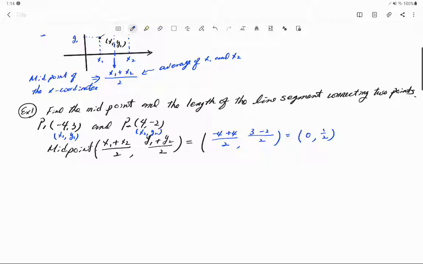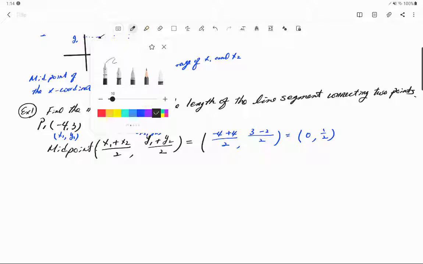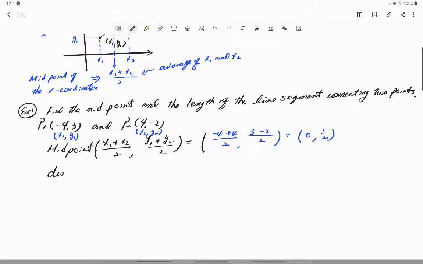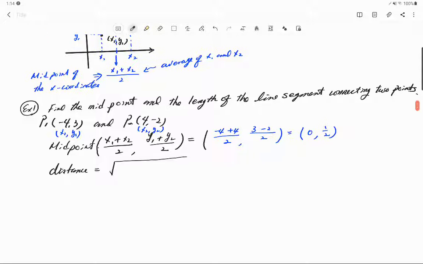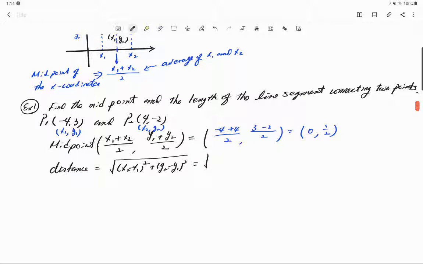Okay, how about the distance? The distance between 2 points is what? Square root of x2 minus x1 squared plus y2 minus y1 squared. So let me rewrite it.